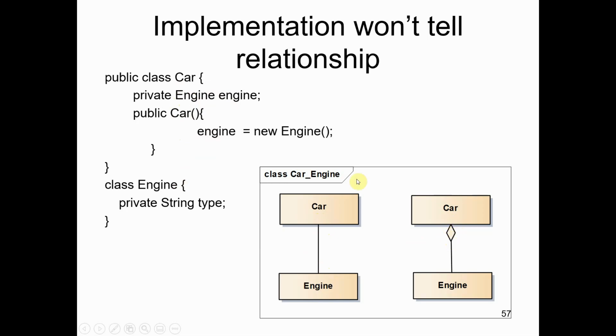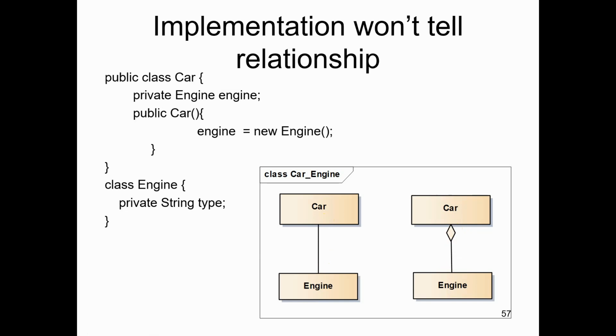So from the source code point of view, if you don't know the context, then you may consider them as association. There's nothing wrong. Yeah, they are association, but if you put it in context, you know that the engine is part of the car. They actually are an aggregation. So this example shows you that when you do the reverse engineering, there are some tools, like Enterprise Architect, that can generate the class diagram from the source code.